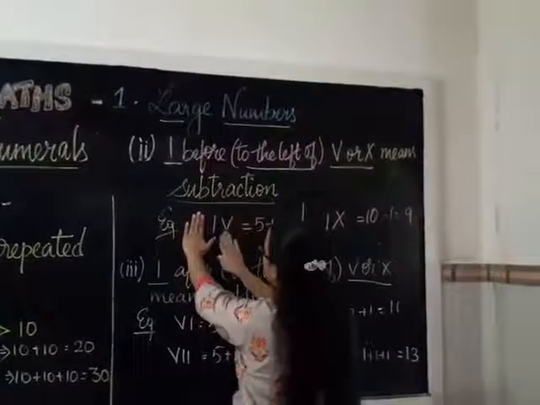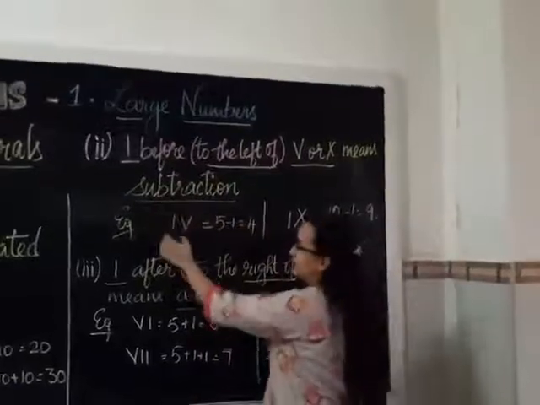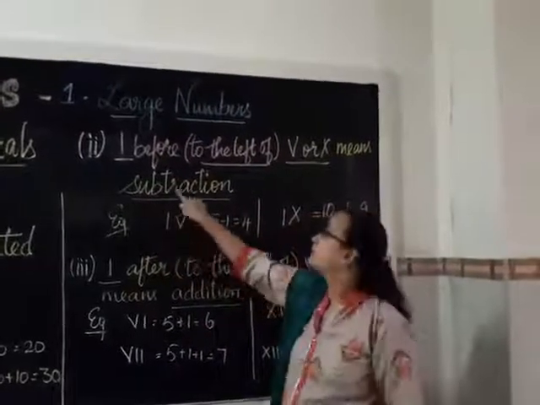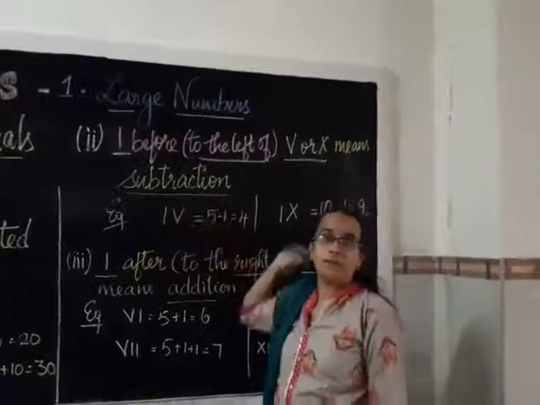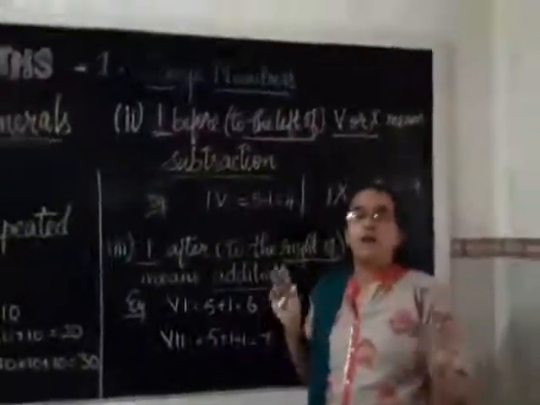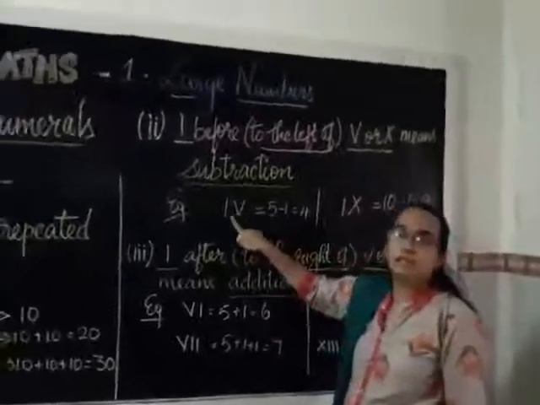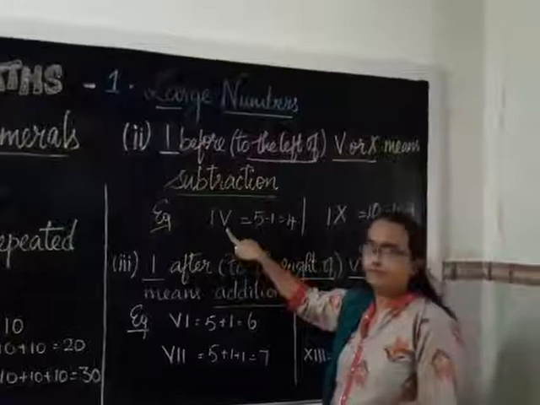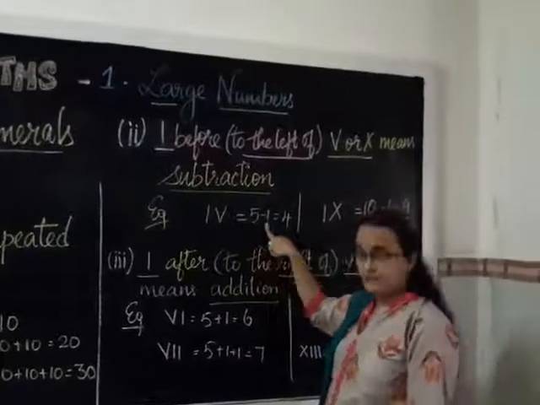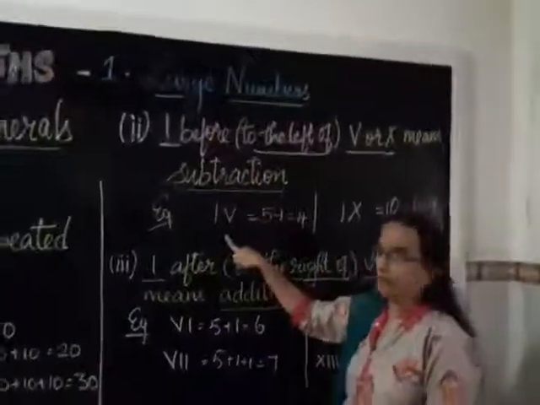So my right hand has V, my left hand has I. When I write I towards the left hand side, that means you have to subtract. Do you remember subtraction? You studied that in your lower class. Always subtract from the bigger number. Which is the bigger number, 1 or 5? 5. So 5 minus 1 will become 4. So this is the symbol of 4.